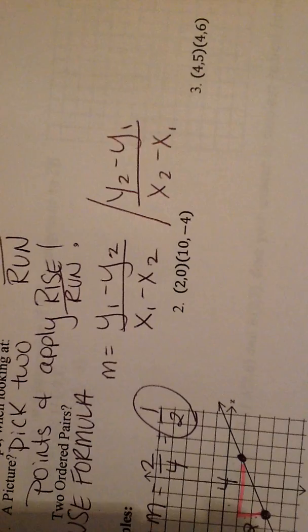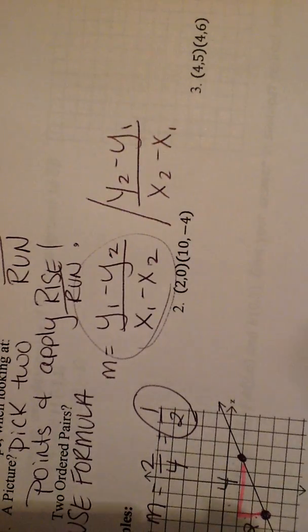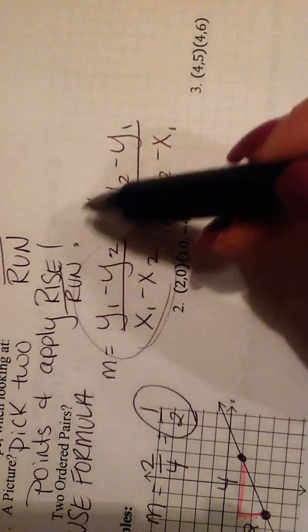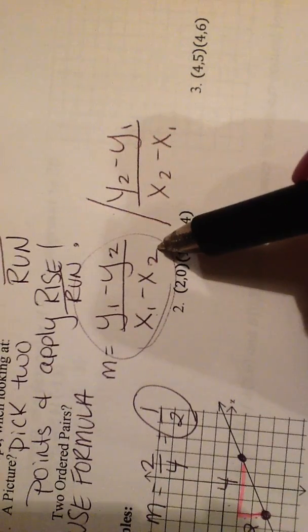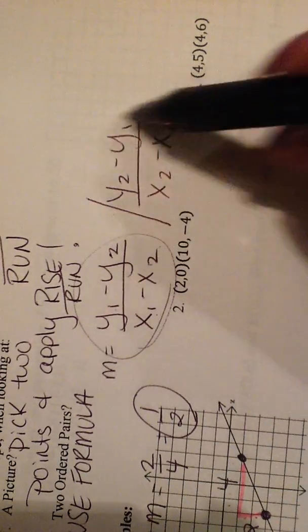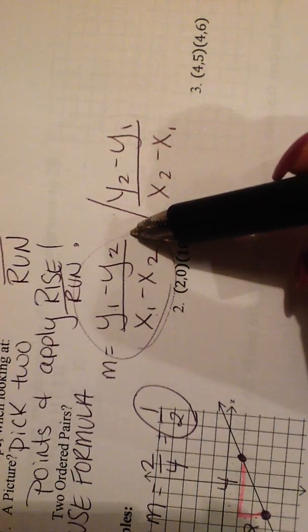It doesn't matter which way you do it, so whichever way you feel comfortable with, go for it. This is the way I'm always going to do it, just because it's easier going in order. First y value, second y value, first x value, second x value. It's just easier for my brain. If you're used to using this because your algebra teacher did it this way last year, that's awesome, all right?